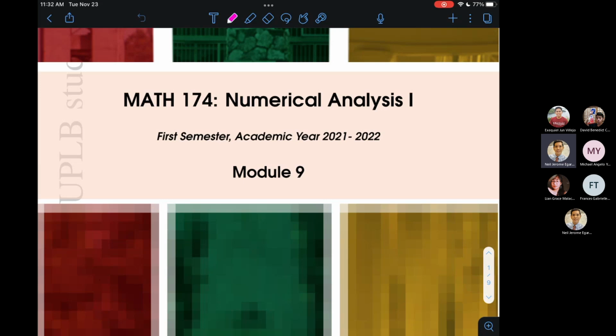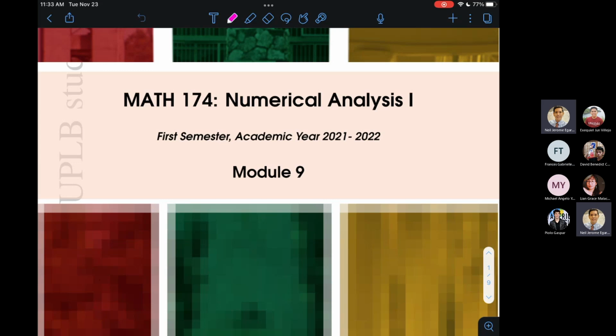So, for today, we'll start discussing Module 9. By the way, Module 9 is third to the last among our modules for the course. So, kakaunti na talaga. We're near the end of the course. Well, Module 9 is about another quadrature rule aside from the Newton-Cotes formula that we discussed last time. Module 10 will be about Romberg integration, which is an accelerator method for quadrature formulas and also improper integrals.